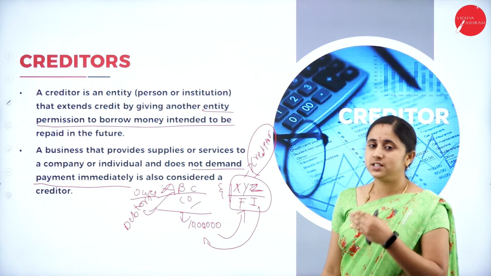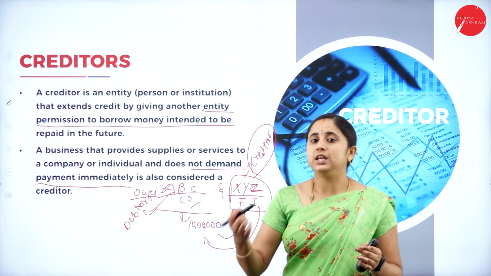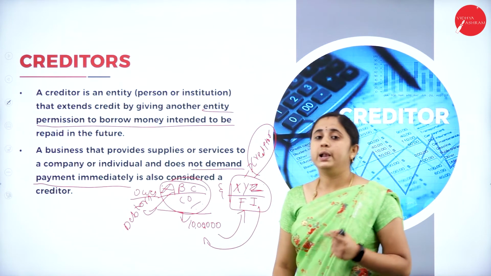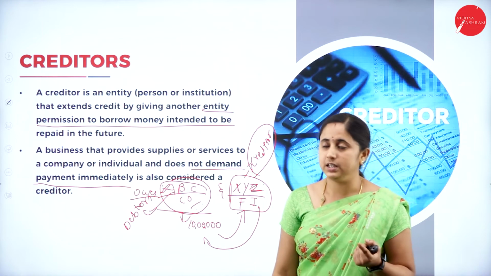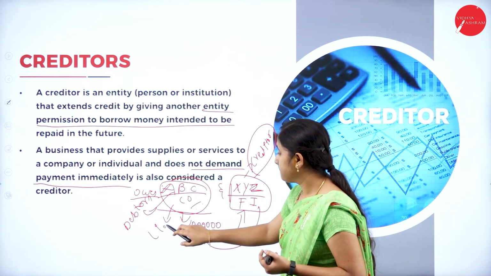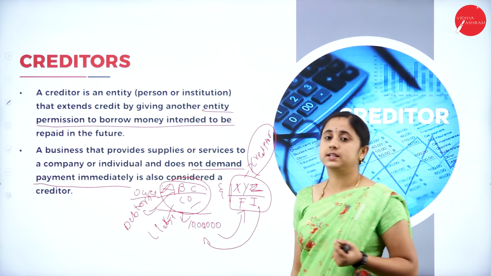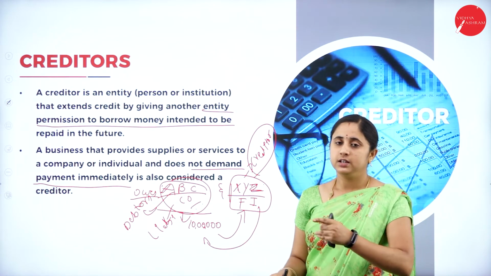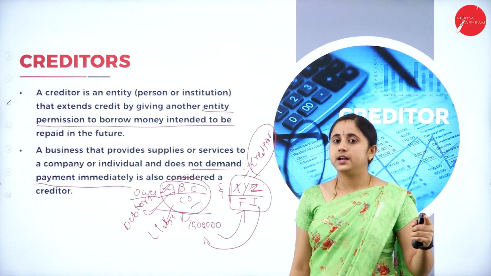Here in this case, they have an obligation to repay money. ABC company has a liability to pay money. So it is considered a liability. In the balance sheet, this creditor is considered a liability.